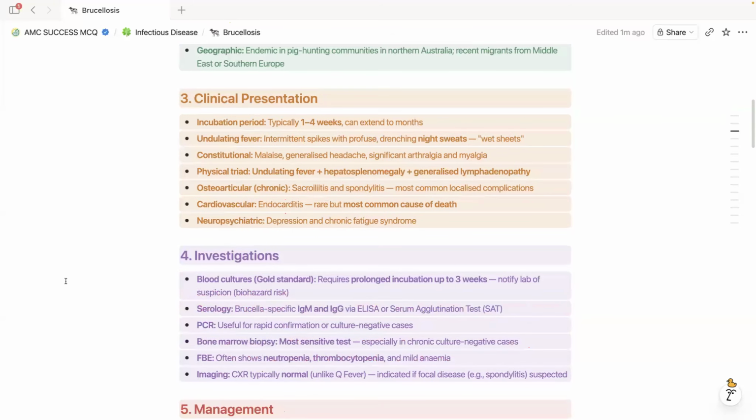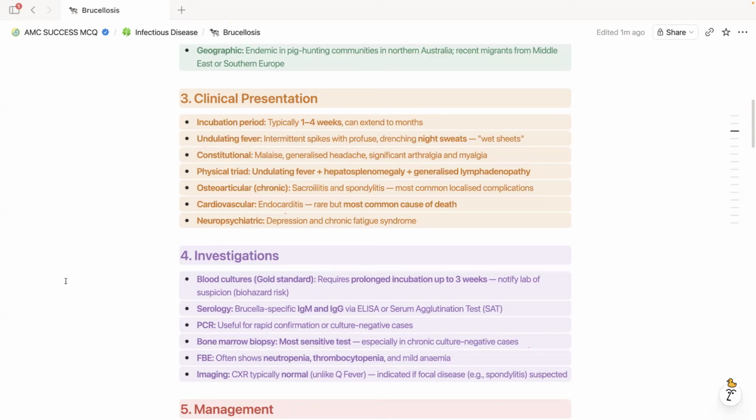How they present: the incubation period is from 1 to 4 weeks, and can extend to 1 month. Undulating fever, as I said, is very common. That just means there will be intermittent spikes with profuse, drenching night sweats, and the patient will complain of wet sheets all night.